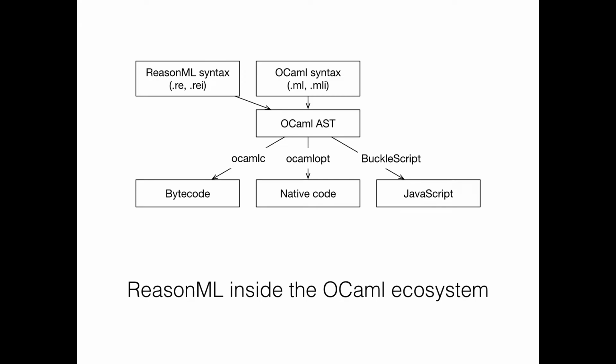So this is a quick diagram of how ReasonML fits into the OCaml ecosystem. What you have here is what already existed, like this tree here is what already existed before ReasonML, and then this box up there is what ReasonML brought to the table.